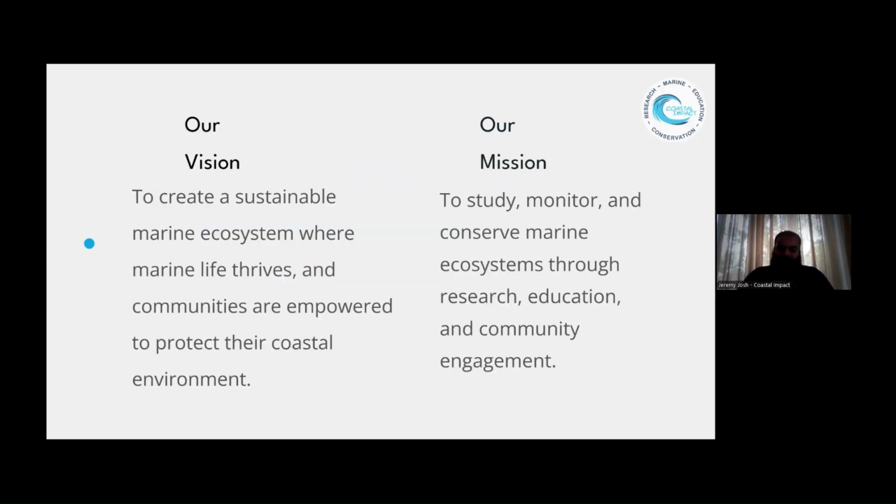So at Coastal Impact, we work in three sort of areas, mainly conservation, education, and research. Our education is more about going and talking to communities, people, children, and spreading awareness.